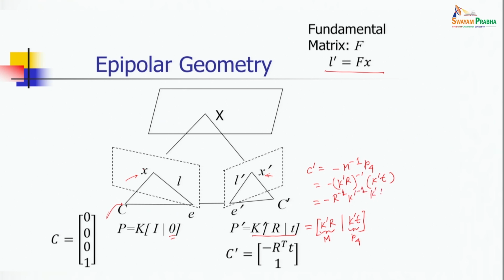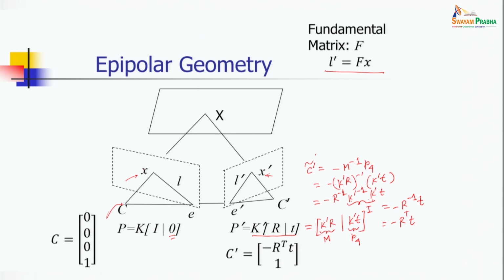This is K prime, this is T. So this string in that composite matrix multiplication, since it is an associative operation, this is the identity matrix. It is the inverse of the same matrix, and this is a square matrix. These are 3 cross 3 matrices. So I can reduce this as minus R inverse T. But what is R inverse? Now the inverse of R, we know the rotation matrix is an orthonormal matrix, and for any orthonormal matrix, the inverse of R is also equal to the transpose of that matrix. So I can write it in this form. So this is the coordinate, I should say C tilde.